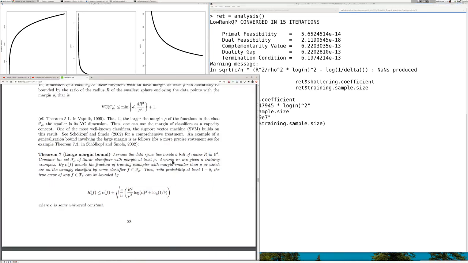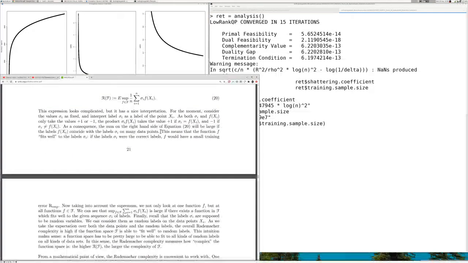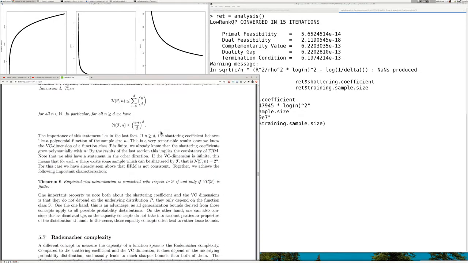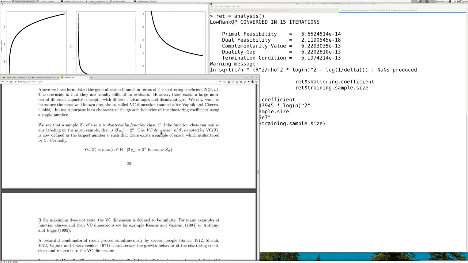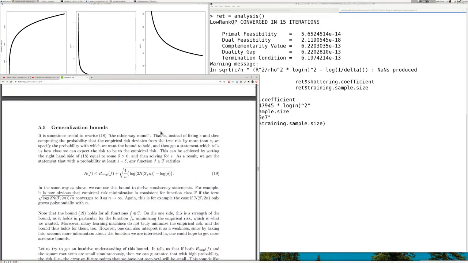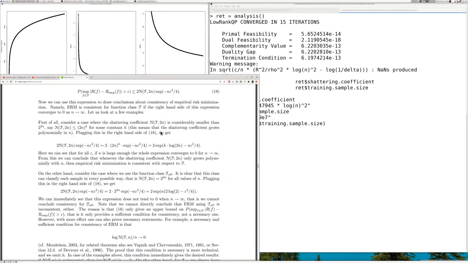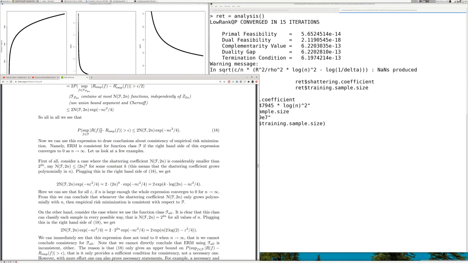That basically means, I'm going to go back just to explain this once more, because I think this is quite interesting, guys. Yeah, up here. Yeah, here.